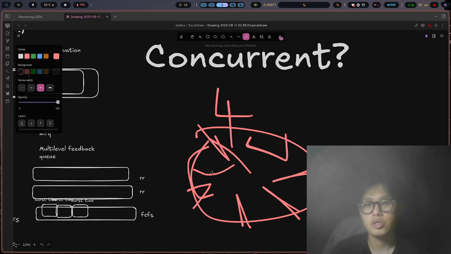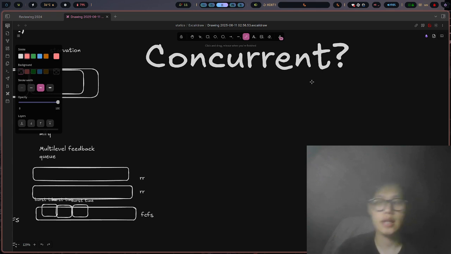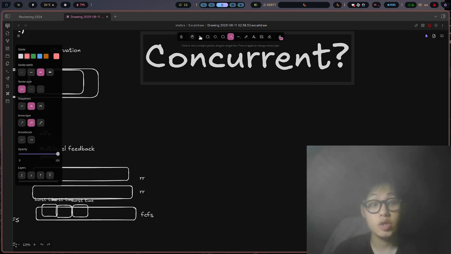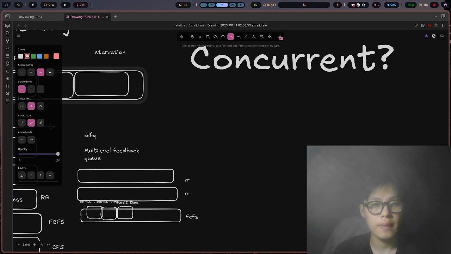There's a concurrency issue because if one process is trying to get shared resources that another process has already taken, there could be a lot of issues. So a lot is going to happen.